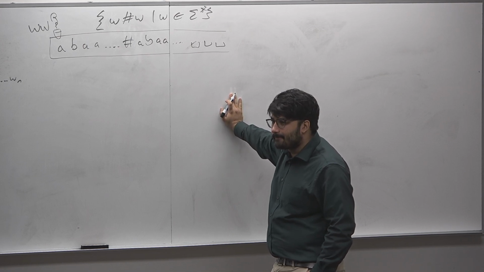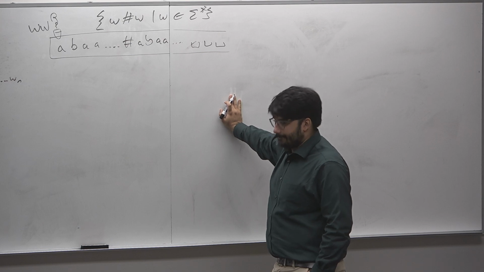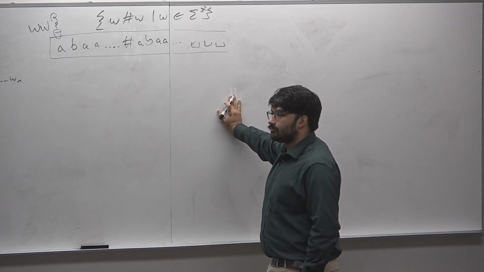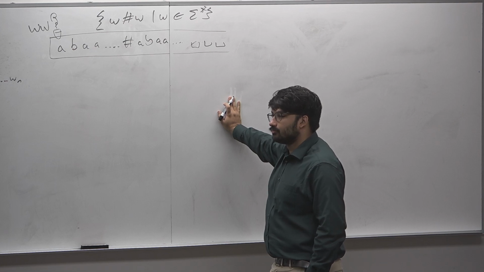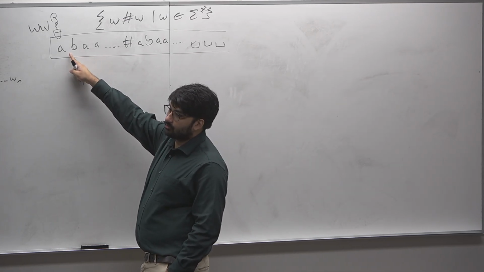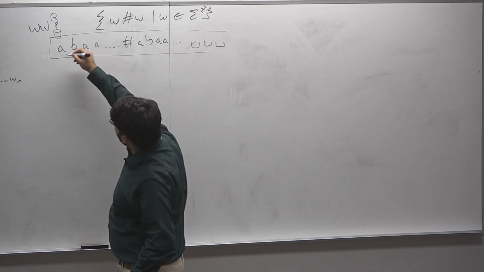I have an idea. You check each character, so you need to go from left to right, knowing where you've been. I see an A, I remember that it's an A, and write something there so that I know that I've seen that. So let's just mark it.